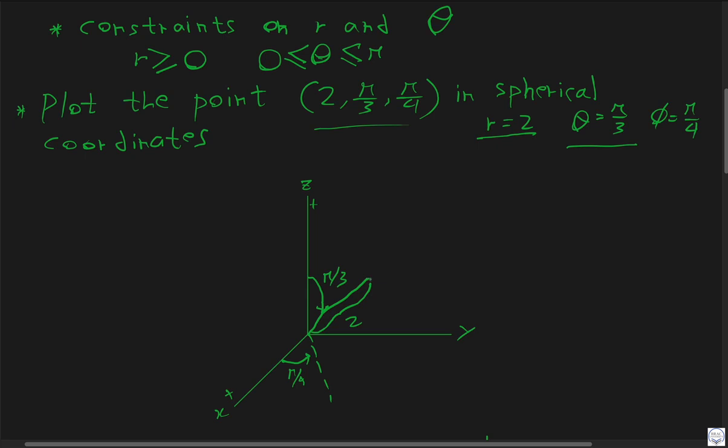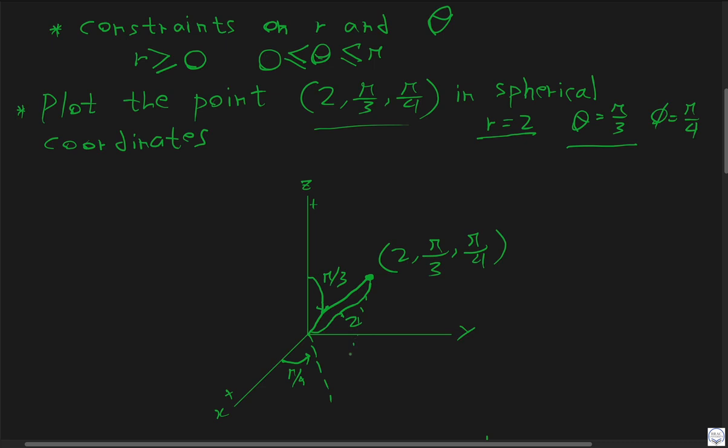Sorry about the diagram. So if this distance is 2, this is where our point (2, pi over 3, pi over 4) lies.